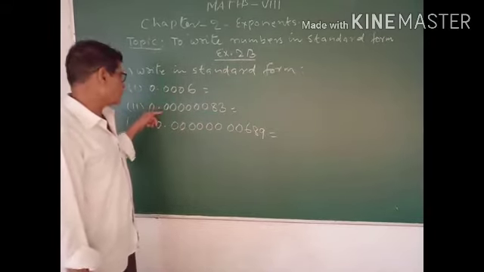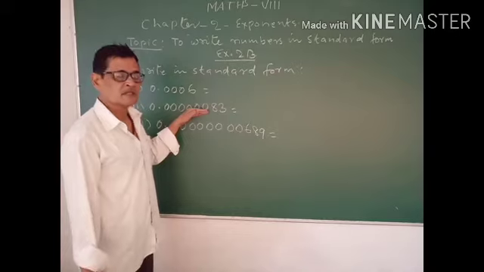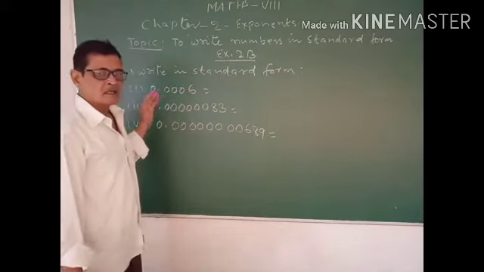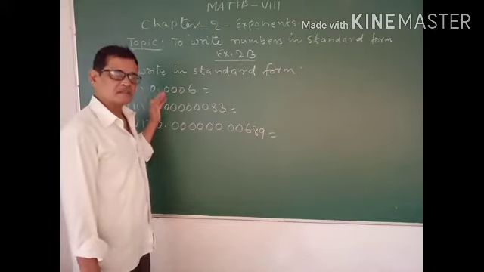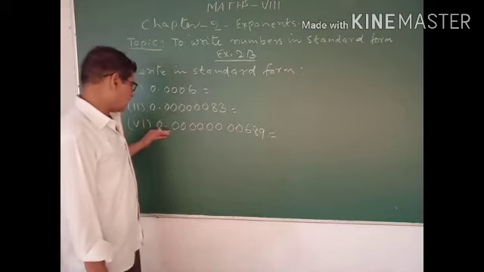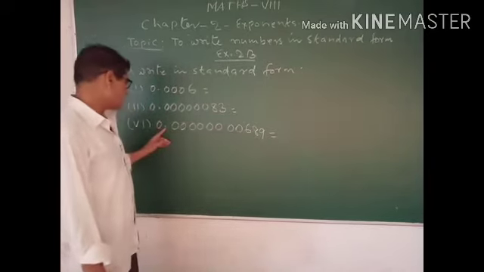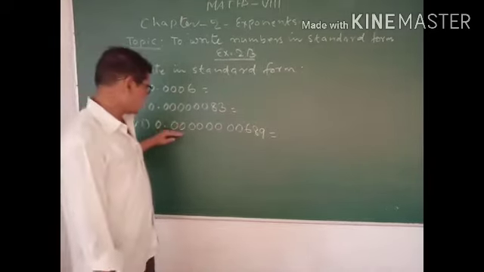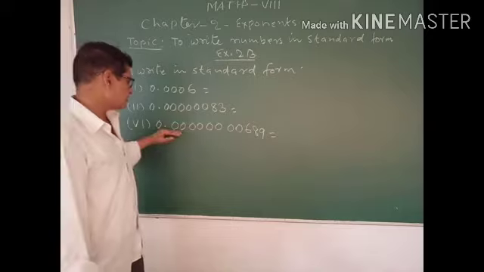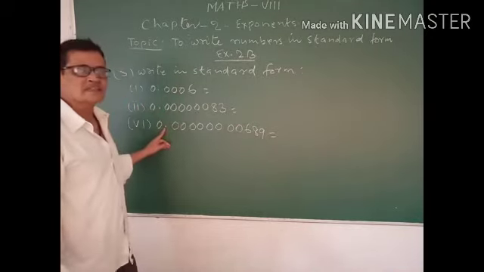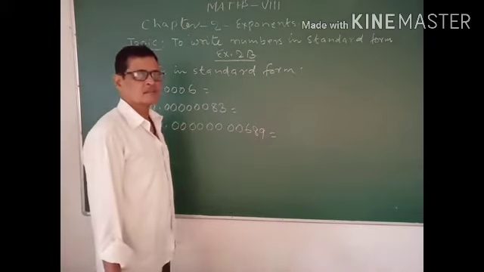If you remove this decimal, automatically these 0 will be vanished. Means before a number you put many zeros, but they have no meaning. Similarly here there are 8 zeros before these digits, and if you remove this decimal, automatically these 0 will be vanished. There is no use of these zeros if decimal is removed. अगर डेसिमल को हटा दिया जाता है तो फिर ये 0 का कोई सेंस नहीं लगता है.